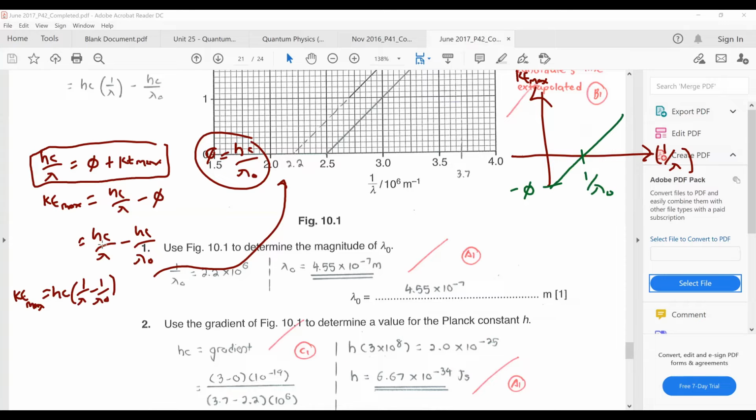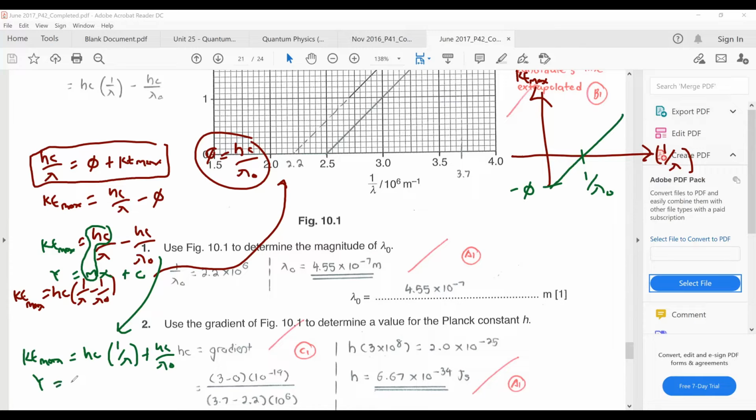Now, your gradient is actually going to be hc, isn't it? Just now I did derive it for you. This one is Ke max. If I change to y equals mx plus c, you notice that the gradient is actually hc. Because if I revert this properly for you, Ke max is equal to hc times 1 over lambda plus hc over lambda naught.